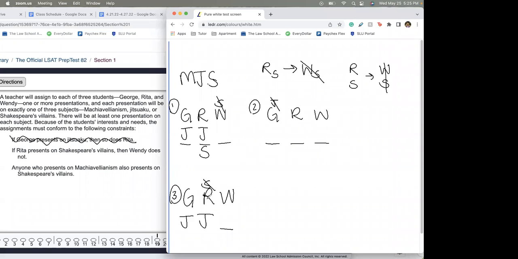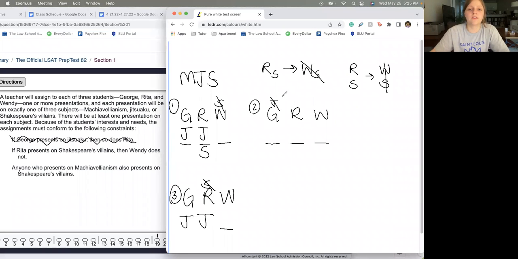Would we do one world where R has S and doesn't have J, and then a world where R does not have S but still does not have J either? If R has S, then W does not have S. So a world where R has S and W does not have S. And J can't be entered either, correct? G can't have J.